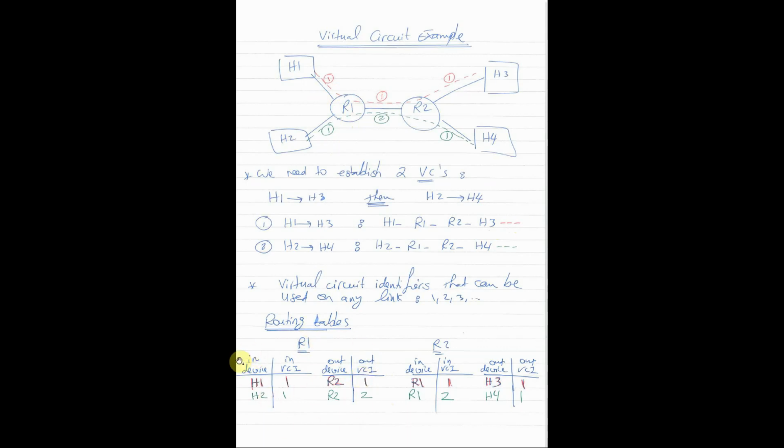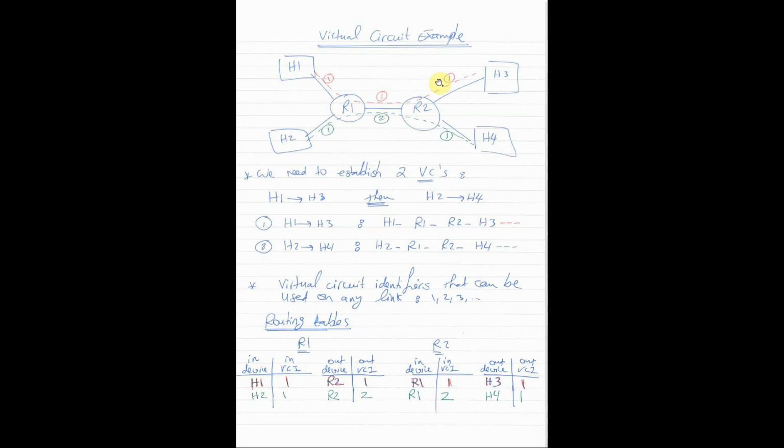In more detail, incoming device, incoming VCI, incoming virtual circuit identifier, outgoing device, outgoing VCI. Let's look at that table entry. For router 1, what is the incoming device along the connection? Host 1 is the incoming device. What's the outgoing device? Router 2 is the outgoing device. What's the incoming VCI? 1. And what's the outgoing VCI? It's also 1 because these have been chosen already, right?